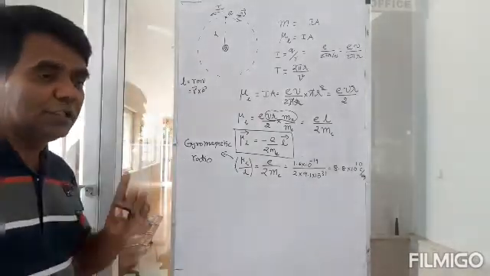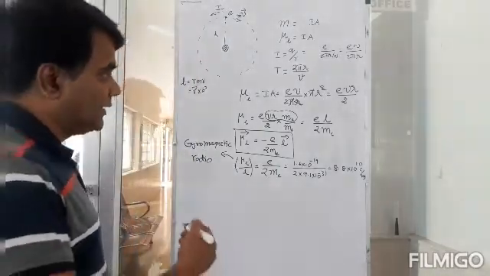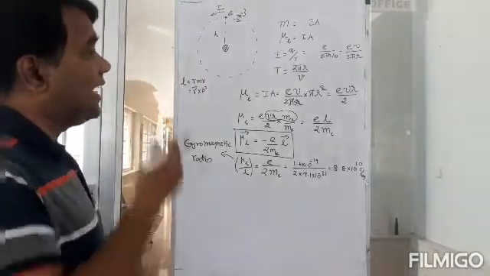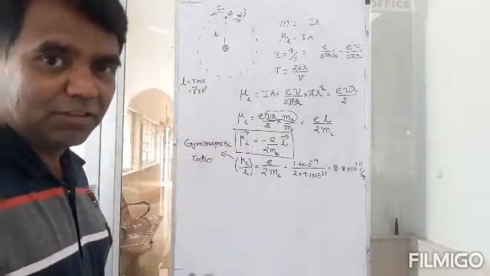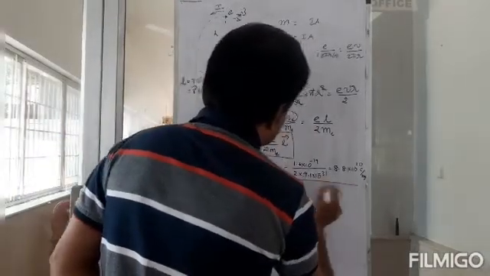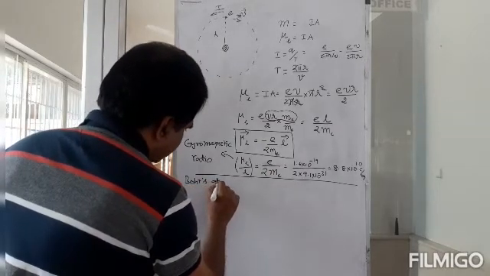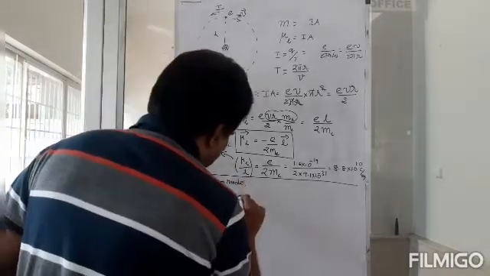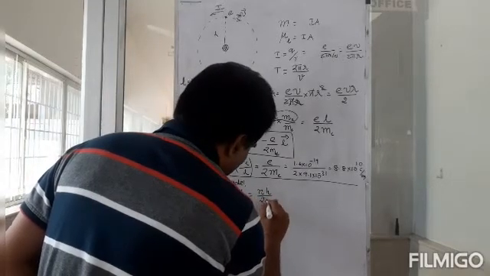But in Bohr's atom model, one of the Bohr postulates says the angular momentum is going to be an integral multiple of h by 2 pi. Which means Bohr's atom model gives you this value for L: L is equal to n h by 2 pi.